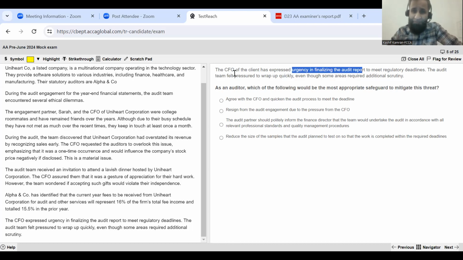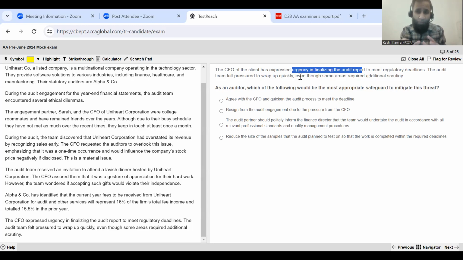The audit team felt pressured to wrap up the audit quickly, even though some areas required additional scrutiny. So the CFO just wants the audit to be packed up. He's in a hurry to meet the deadlines. He's pressurizing you so that you don't be skeptical, you don't investigate things, just like you investigated the early recognition of revenue.